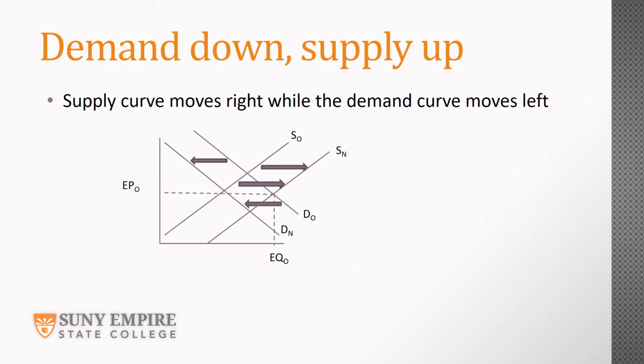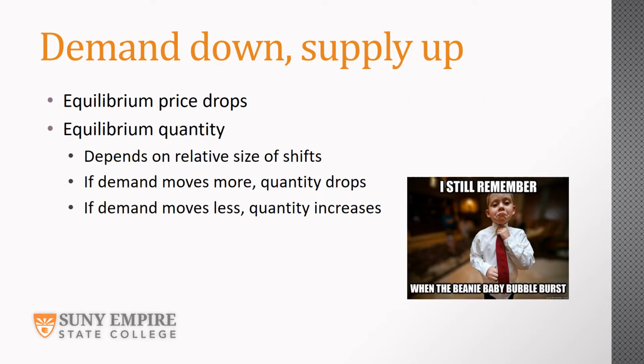But what if demand decreases while supply increases? This moves the demand curve left and the supply curve right. A new equilibrium is reached, and the equilibrium price decreases. The equilibrium quantity depends on whether demand moves more or less than supply.